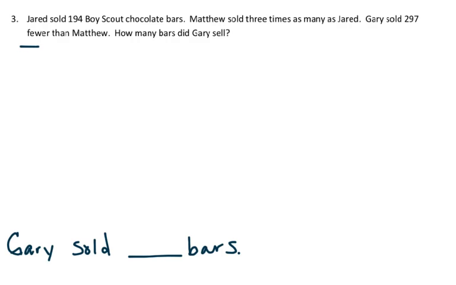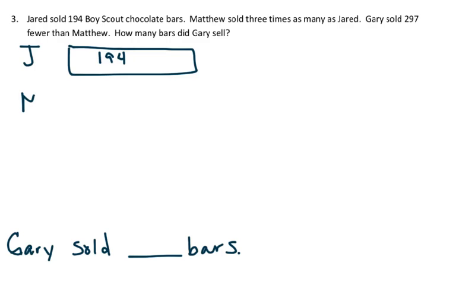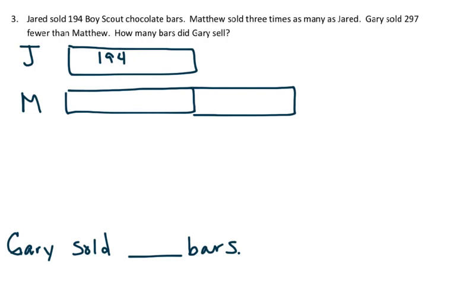So we know Jared, he sold 194 chocolate bars, so that's 194. Matthew sold 3 times as many, so Matthew sold, this is 194 here, 3 times as many. So 194, 194, 194.